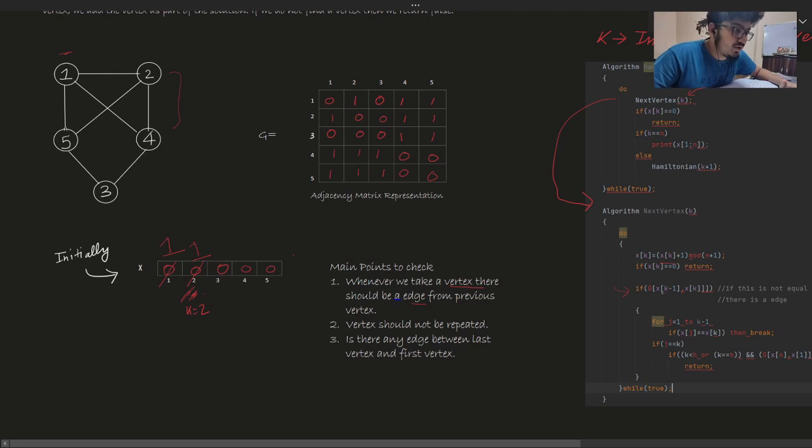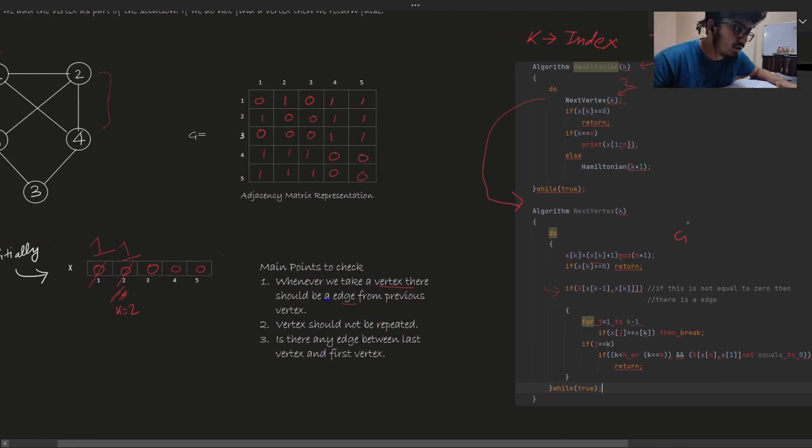Then we have G of x of k minus 1 comma x of k. k is equal to 2, so x of 2 is 1 also. It means we are checking whether there is an edge between 1 and 1. No, it is false. Then the control doesn't go here.